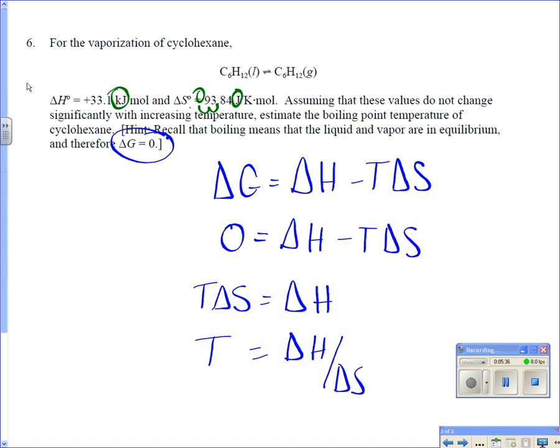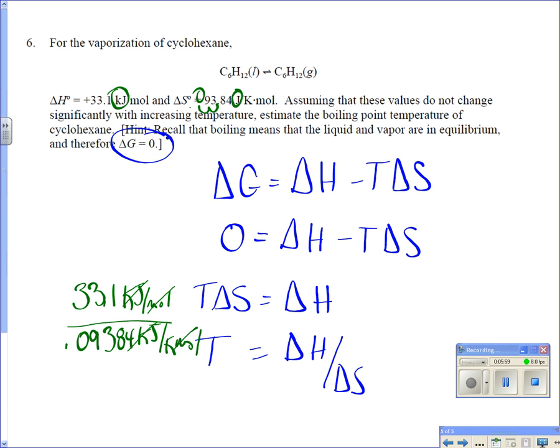So I'm just going to plug in. Delta H is 33.1 kilojoules per mole. Delta S, 0.09384 kilojoules per K mole. So what's so nice about this is look what all cancels out. And I leave one little symbol there, my unit is Kelvin.